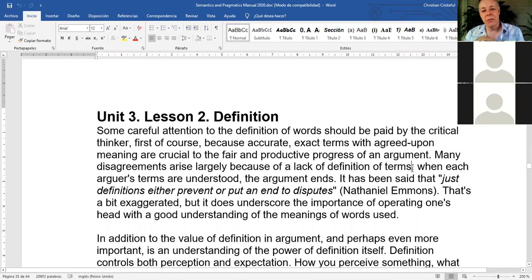Basically what it says is that normally when we are asked for a definition of something, we say, for example, what is a tree? And we say, a tree is, for example, a cactus or a pine. But we do not define it.